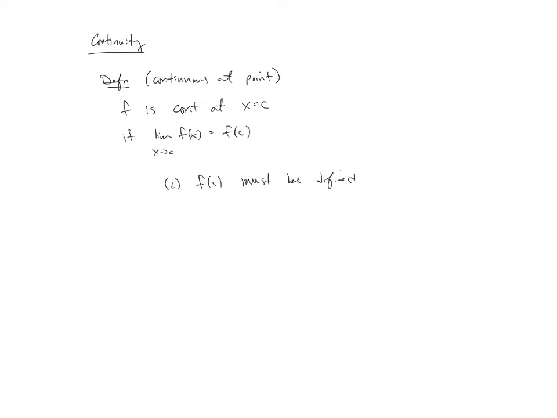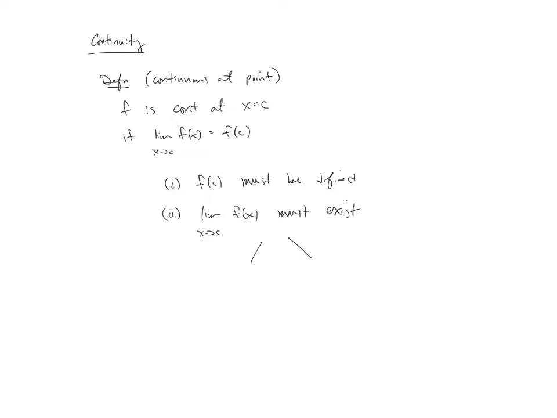Right, so f of c, that's the y coordinate when we plug the x value c into the function. So that point has to be there. The second part says that the limit as x approaches c of f of x must exist. And we've seen limits that don't exist. For something to be continuous, this limit has to exist.